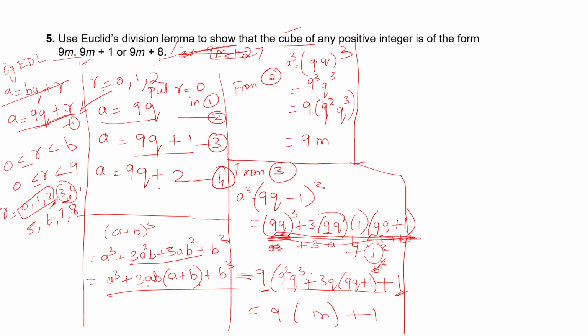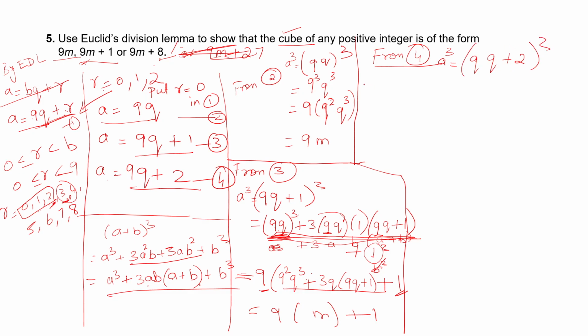So second is arrived. What is third? Third we have to arrive from the fourth equation. Which is the fourth equation? 9q plus 2. So a cube is equal to (9q plus 2) whole cube.